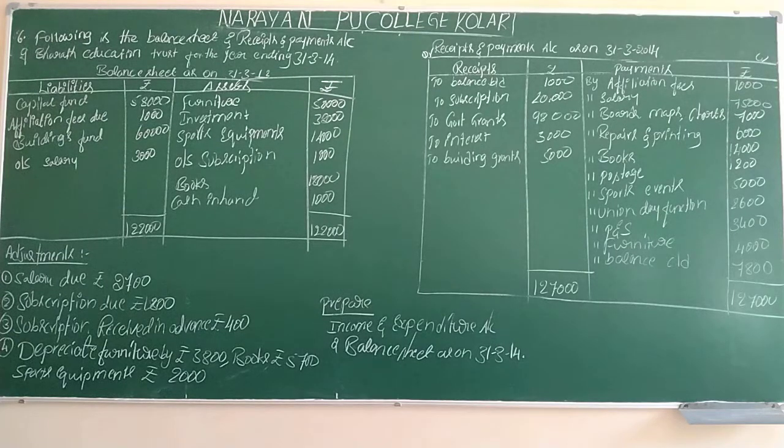In the next line, adjustments are given: adjustment number 1, salary due; number 2, subscription due; number 3, subscription received in advance; number 4, depreciate furniture by rupees 3,800, books rupees 5,700, sports equipments rupees 2,000.